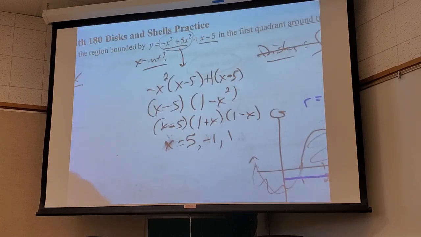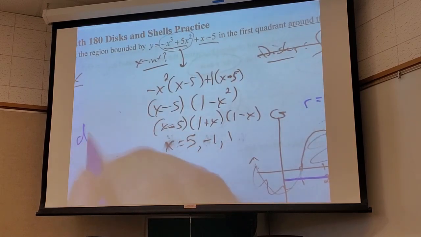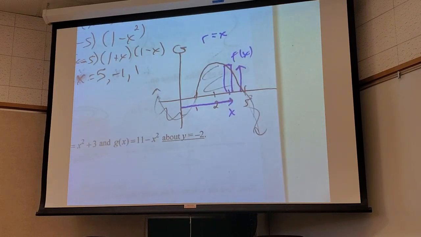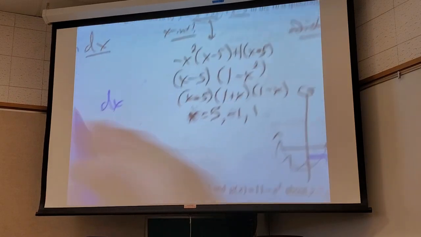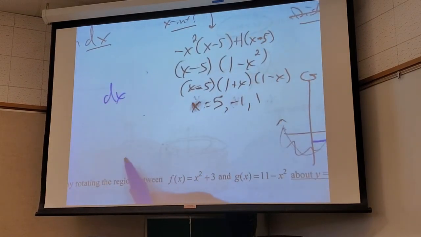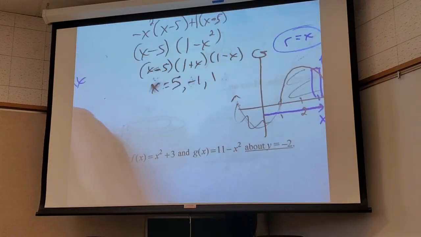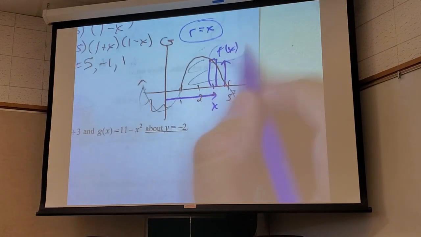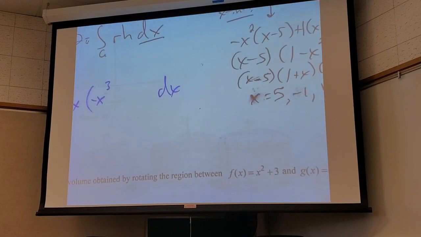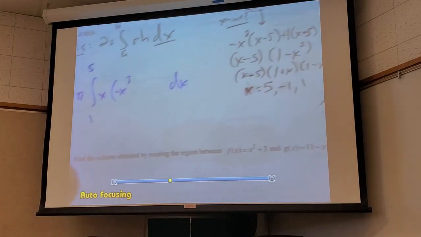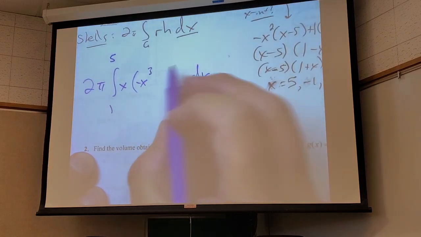It'll be 2 pi. I know I'm dx, so what is x doing in the region going from 1 to 5? X is going from 1 to 5. My radius is x, and my height is the function. Oh, you can't see anything. I guess that's important.